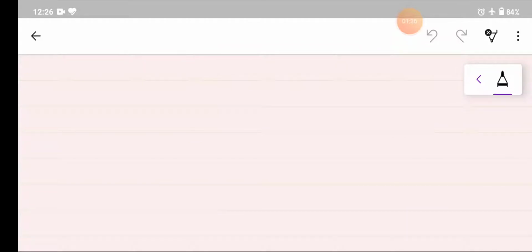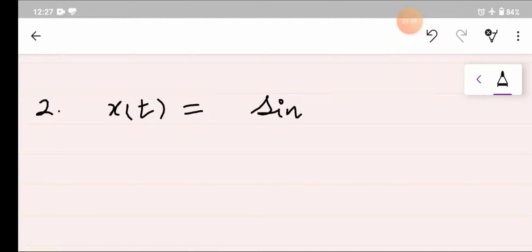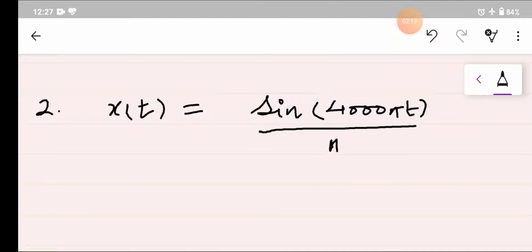That is, if xt is given to us as sin 4000 pi t divided by pi t square.